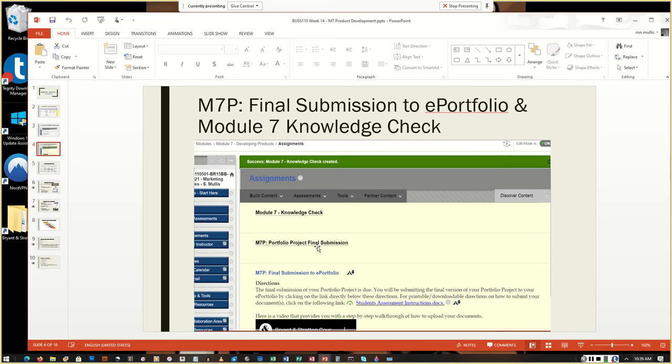So you'll have this link right here is the Blackboard submission, and then right below it are the instructions on how to submit it to ePortfolio. And there's an accompanying video to let you know how to submit it to ePortfolio. Any questions about that?